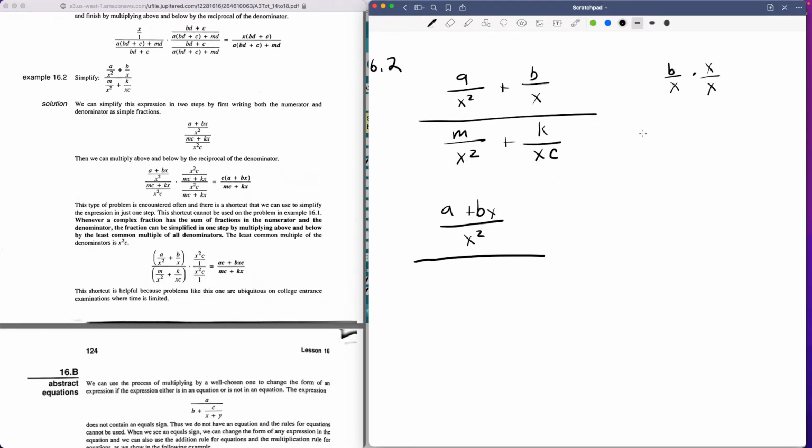So that's going to be m over x squared times c over c plus k over xc times x over x. And that's going to give me the same denominator for both of those, which would be mc plus kx all over x squared c. And that's what's going to go here.